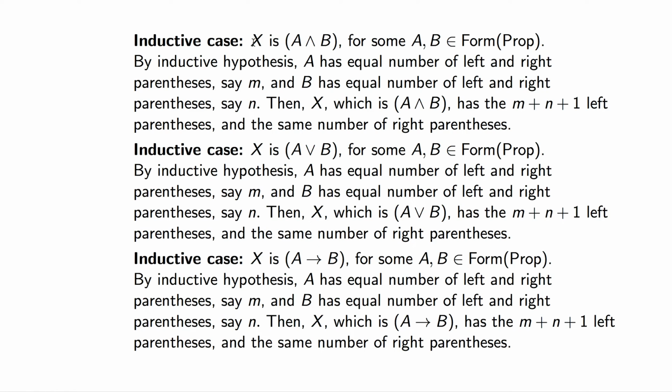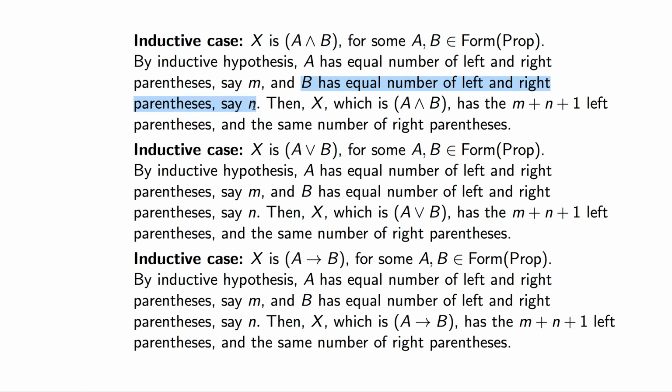Another inductive case: X is of the form A and B in parentheses, and this happens for some A and B which are in this set. By inductive hypothesis, A has an equal number of left and right parentheses. Let's call this number M. Similarly, B has equal numbers of left and right parentheses.